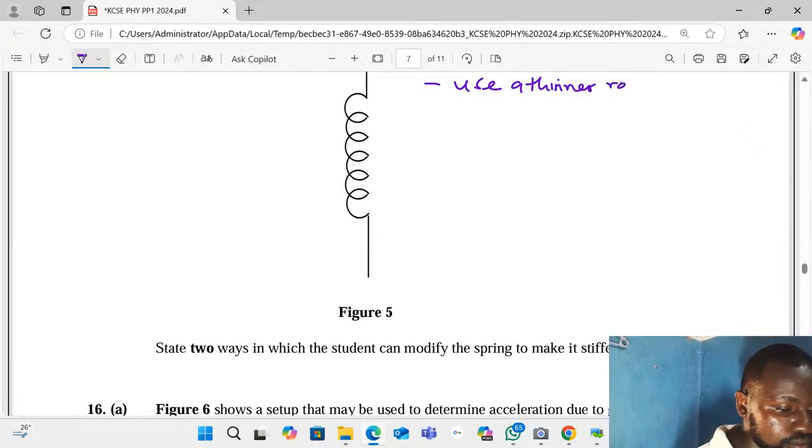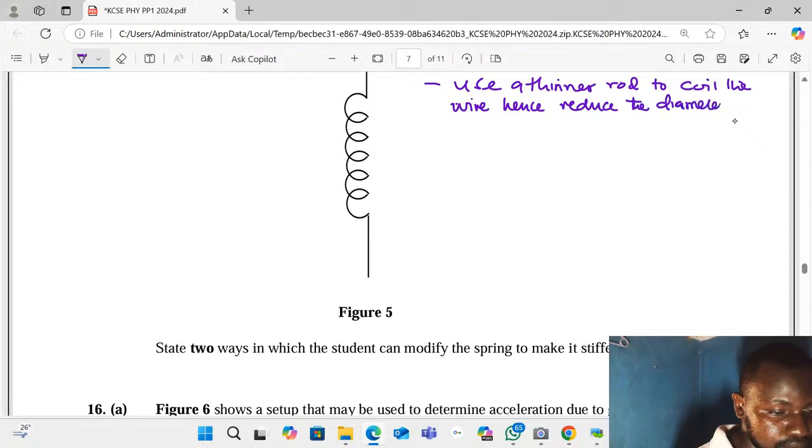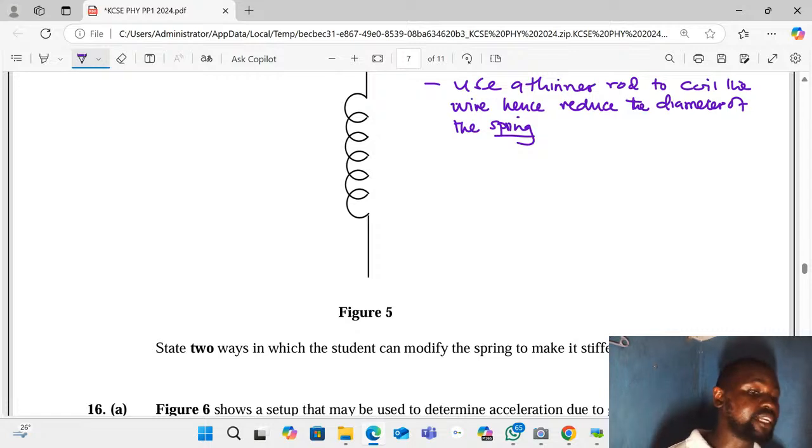The moment you use a small rod, we will reduce the diameter of the spring. So it's like saying reducing the diameter of the spring will make it strong.